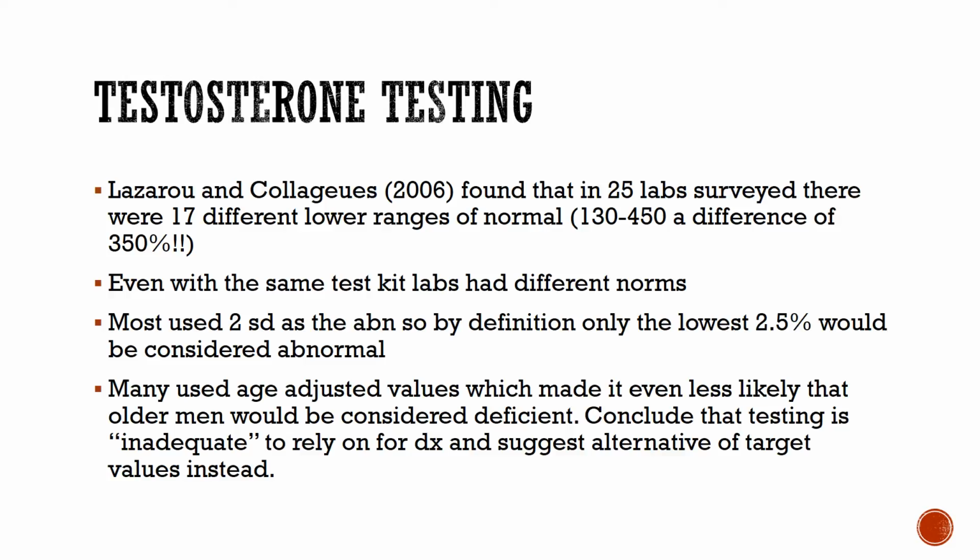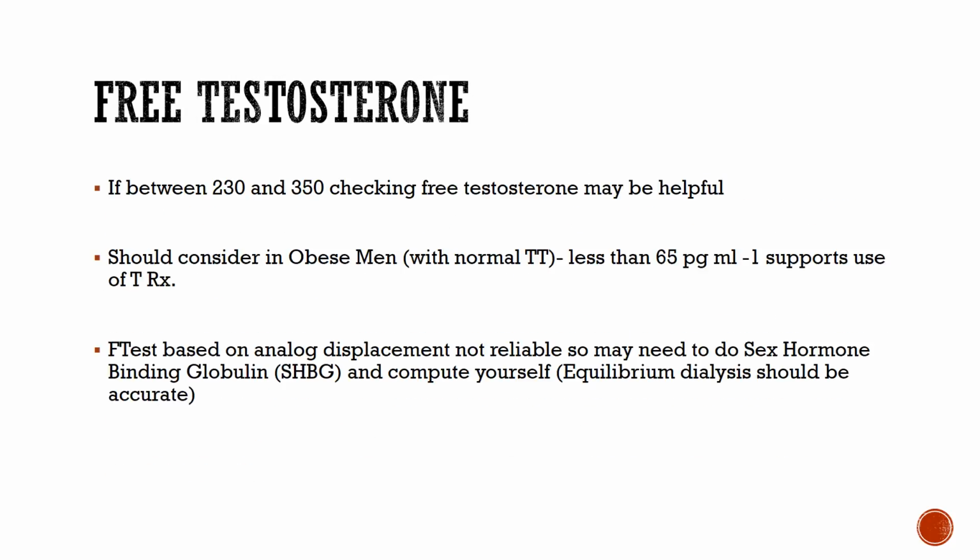So again, actually the article that I was referring to was by Lazaro and colleagues, which is also misspelled, and there's 17 different ranges of normal. So in general, we don't know what the normal is.